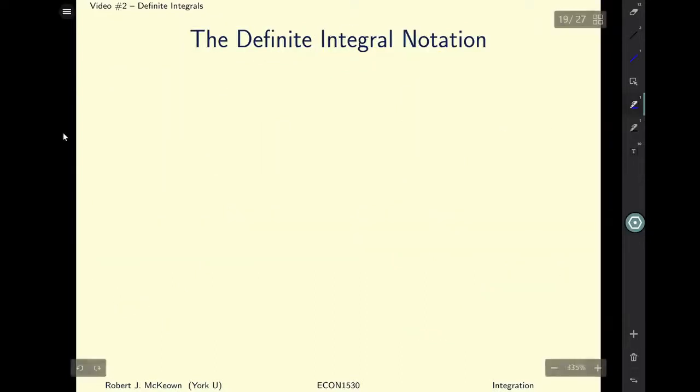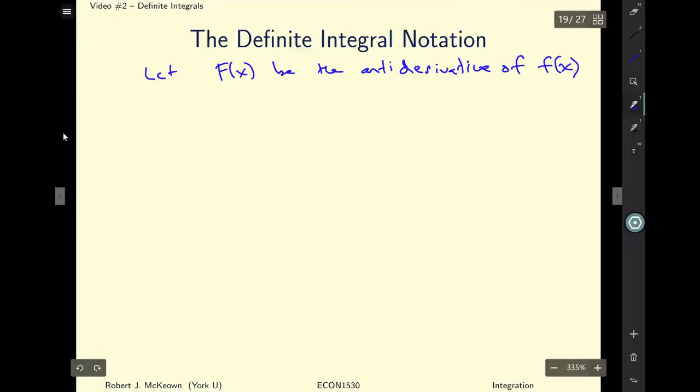Let's formalize our definition of the definite integral. So let big F of x be the antiderivative of f of x. And I'm going to write the integral from b to a. Those are my limits of the integral for f of x dx.